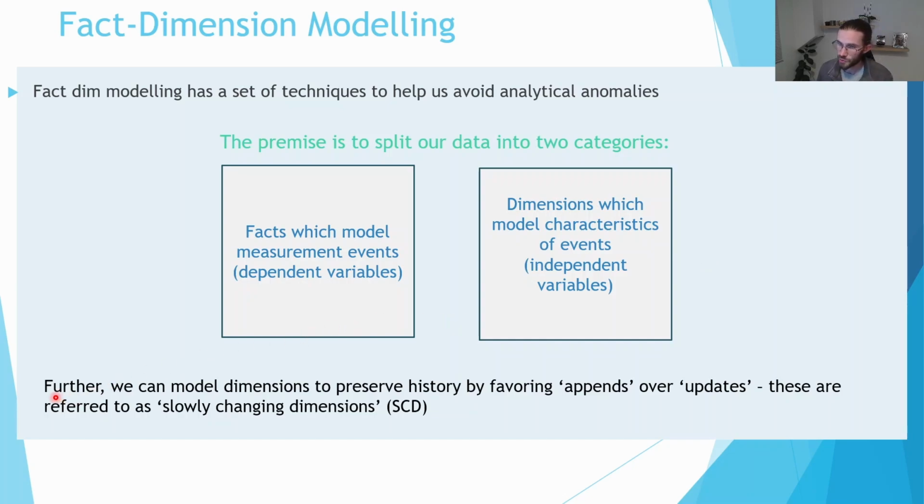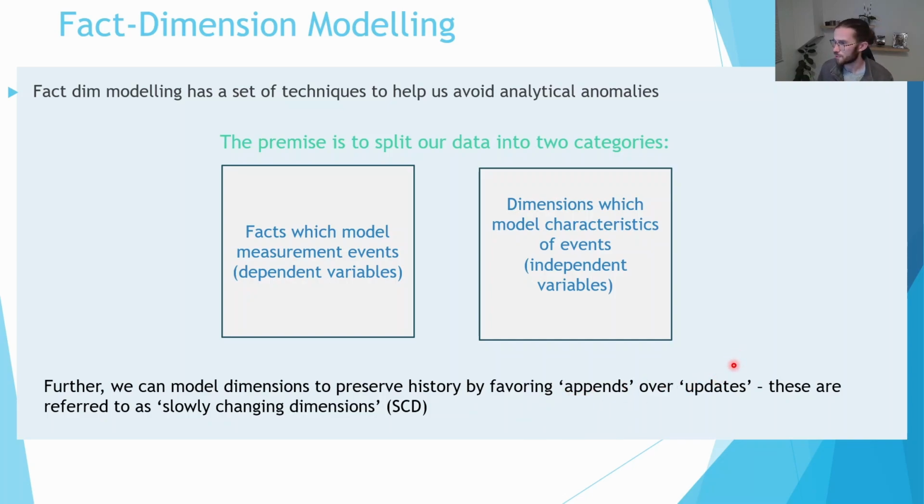Another crucial point to note is that we can model dimensions, or dimension type tables or entities, to preserve history by favoring appends over updates. So one of the reasons our anomaly appeared with the surfboard sales in Johannesburg is because we did an update directly on the data, but in fact dim modeling, we could favor appends over updates.